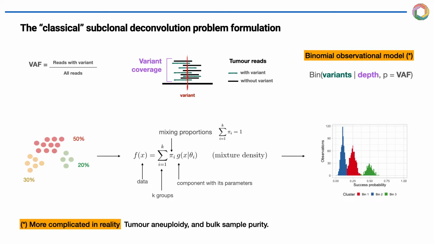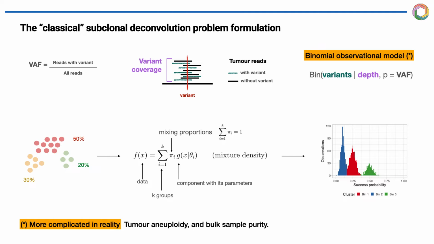The classical subclonal deconvolution problem is very famous and is usually defined by thinking about variant allelic frequency, which is the ratio of alleles that I can access through sequencing that harbor a particular somatic variant, relative to all the alleles that I can map on top of a certain variant. This is therefore a fraction and can be modeled by a binomial observational model in which we condition upon the depth of sequencing and the variant allelic frequency.